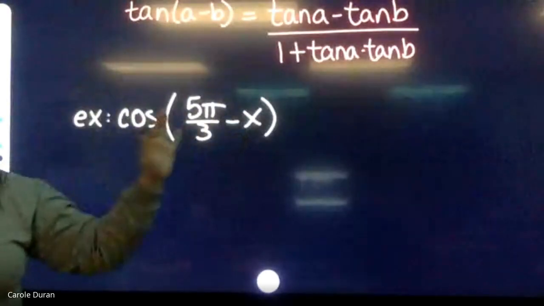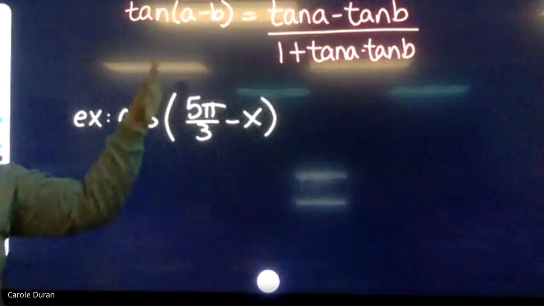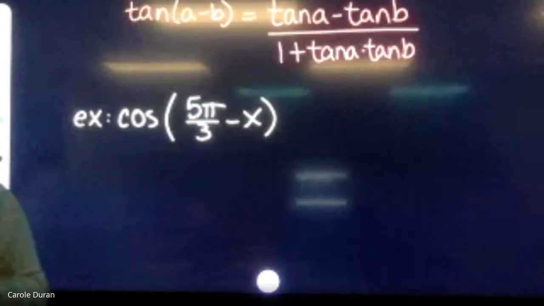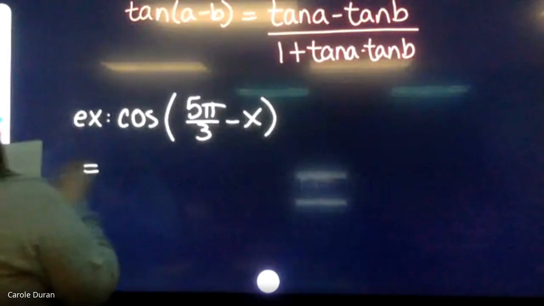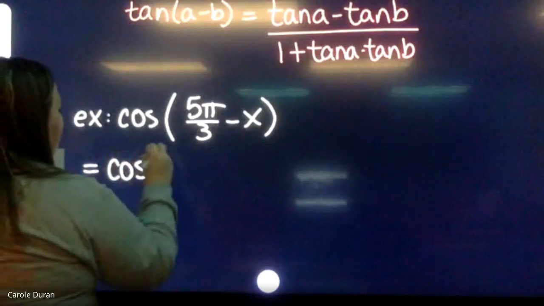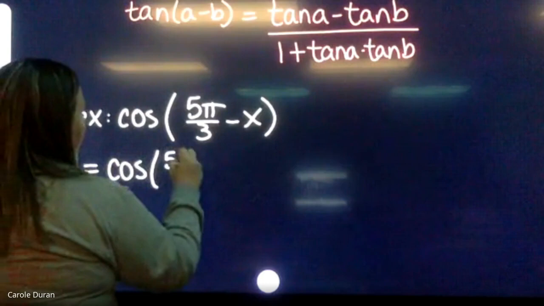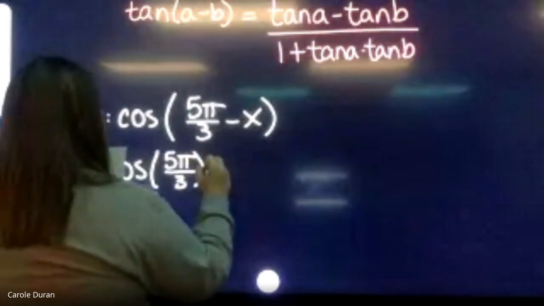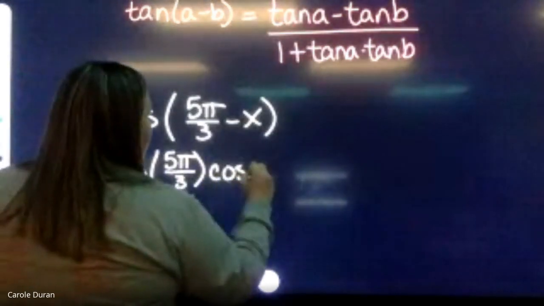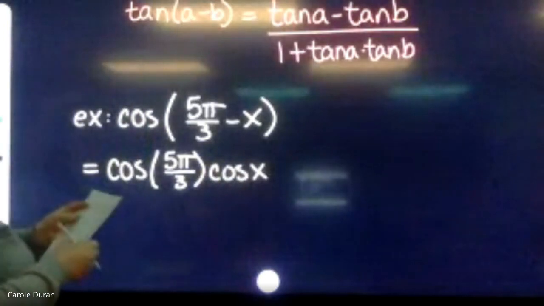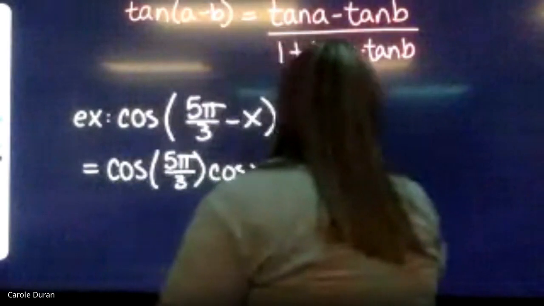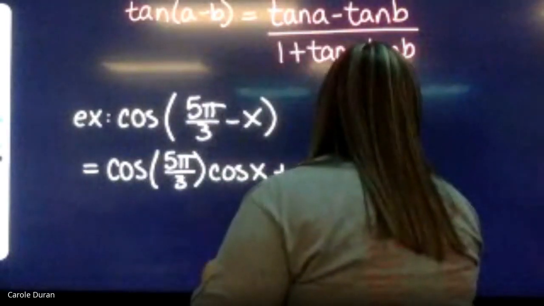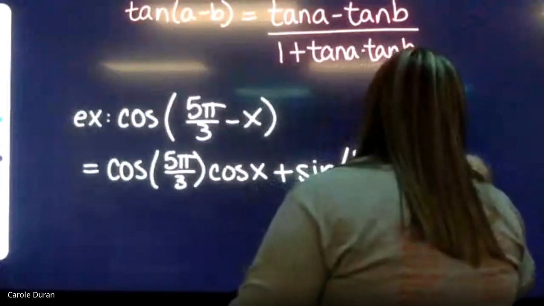So I'm going to write out that identity plugging in those respective angles for A and B. So this is equal to cosine of angle A, which is 5 pi over 3, times cosine of angle B, which is x, plus sine of angle A, which is 5 pi over 3, times sine of angle B, which is x.